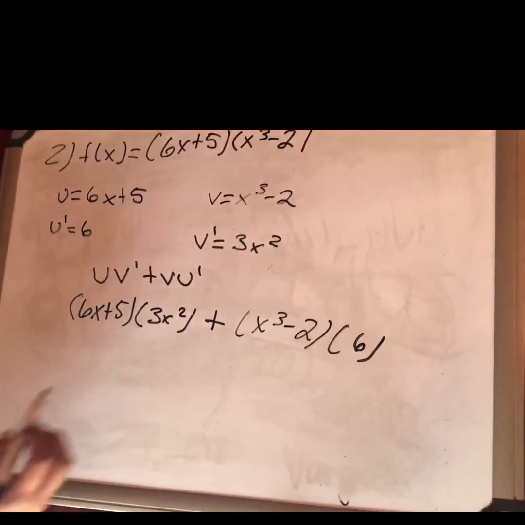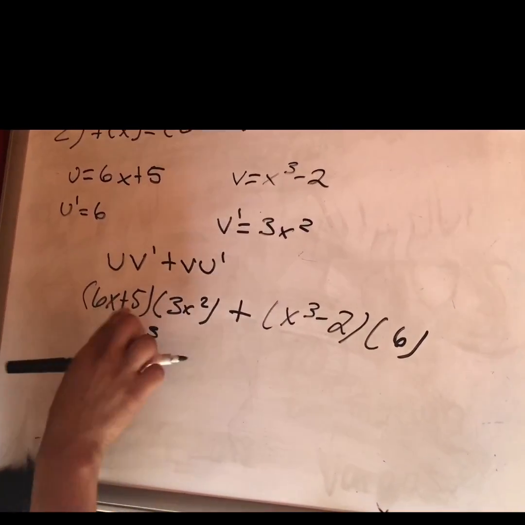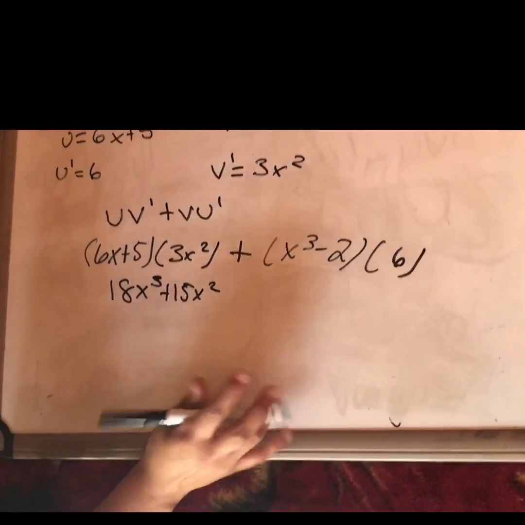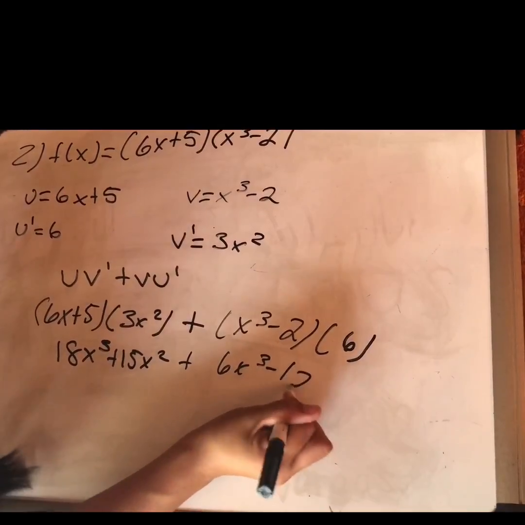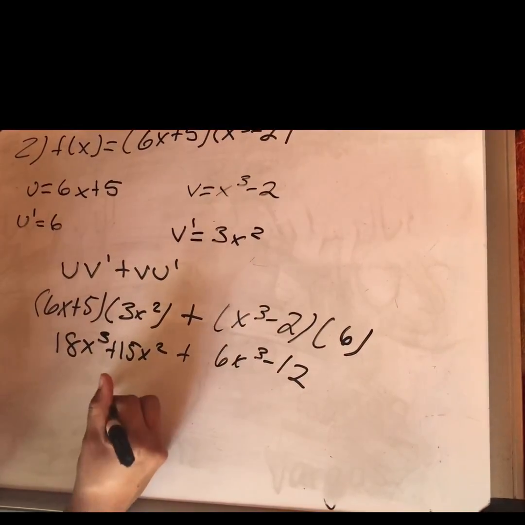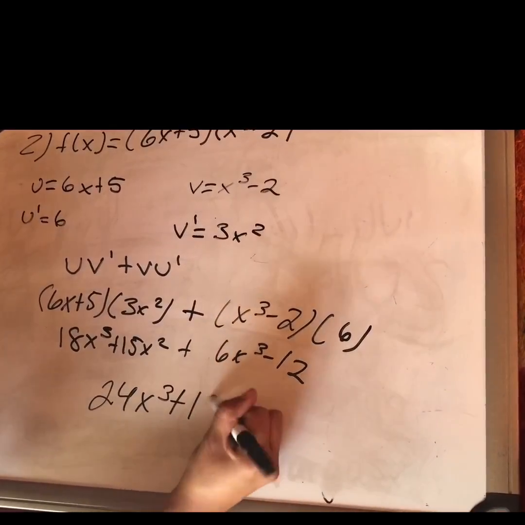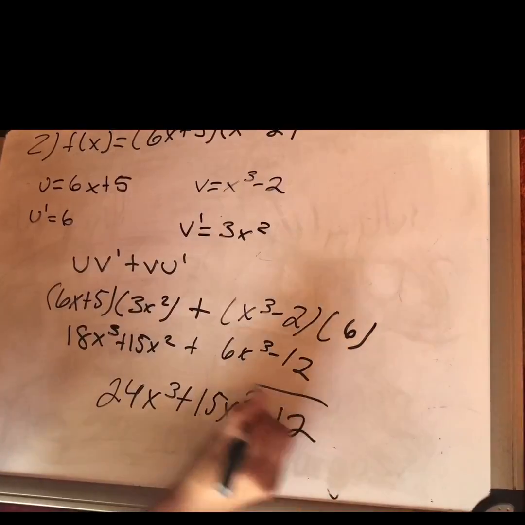So now you solve, which is 18x cubed plus 15x squared plus 6x cubed minus 12, and you combine like terms, which is going to be 24x cubed plus 15x squared minus 12. That's your answer.